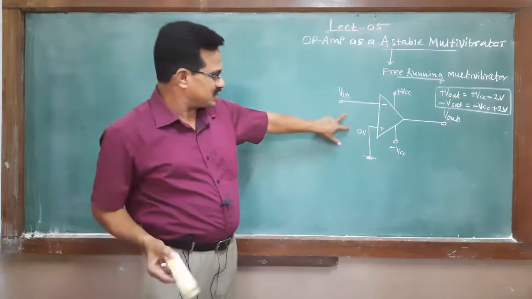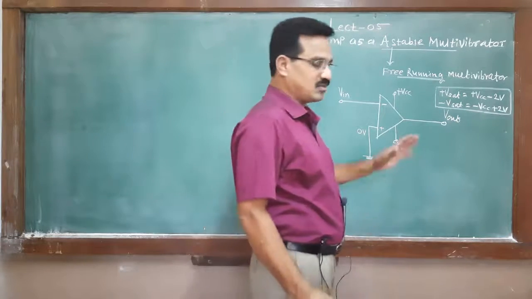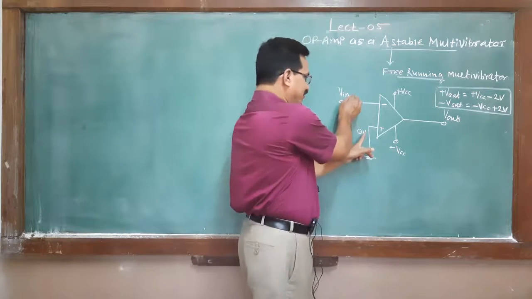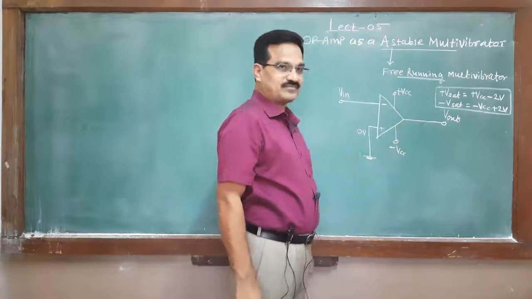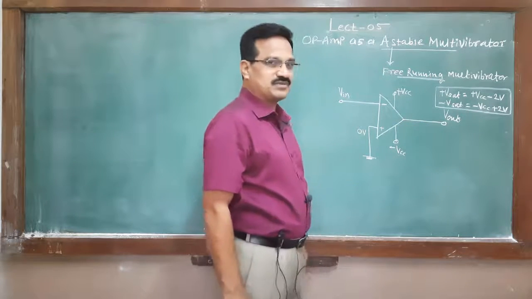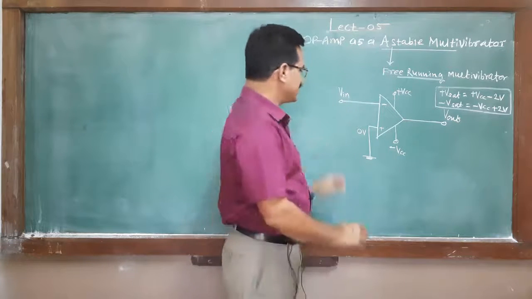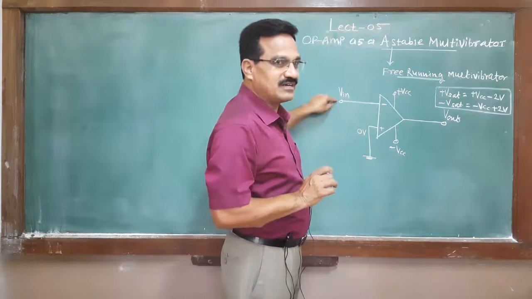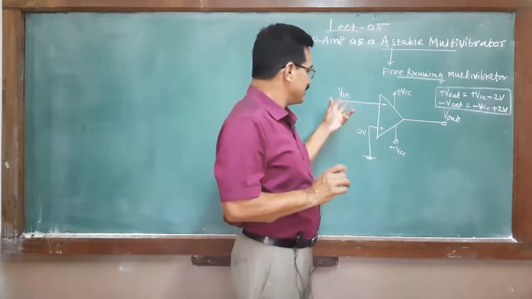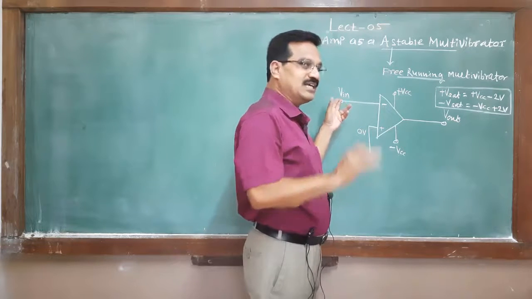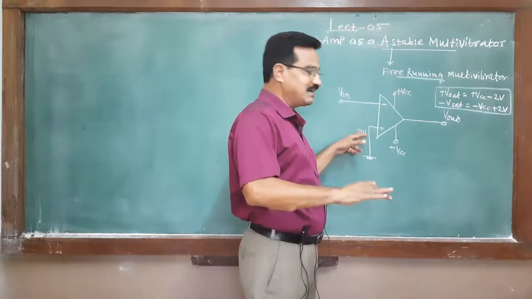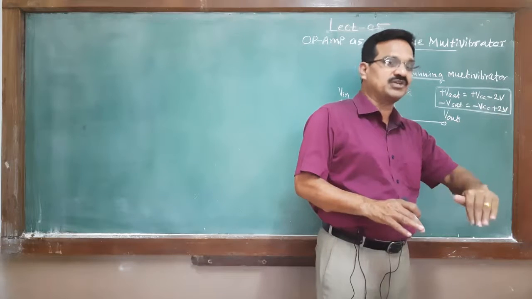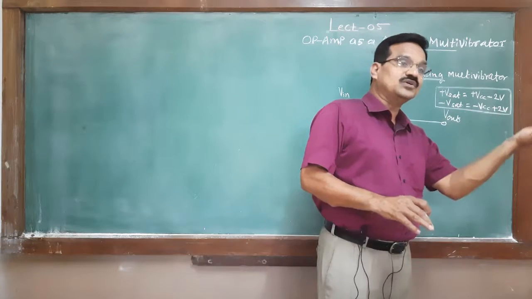But what is the drawback of this? This is actually the zero crossing comparator. When the input is 0 volt, the output is 0. But if due to some noise, some amount of voltage appears here, and this voltage is greater or less than the reference, switching takes place from positive saturation to negative saturation or negative saturation to positive saturation.